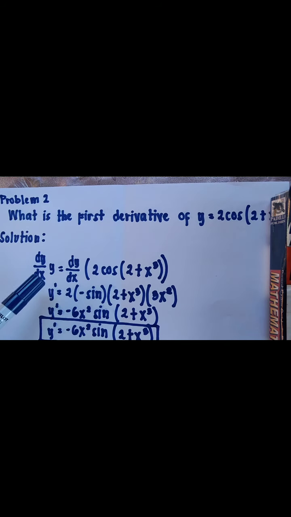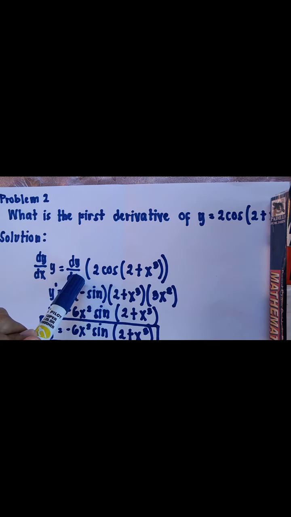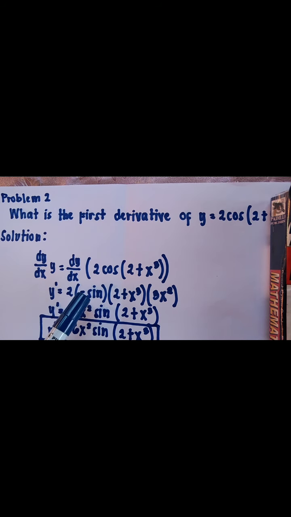Again, the derivative of y becomes y prime equals the derivative of this value, which is negative sine of (2 plus x cubed) times 3x squared.